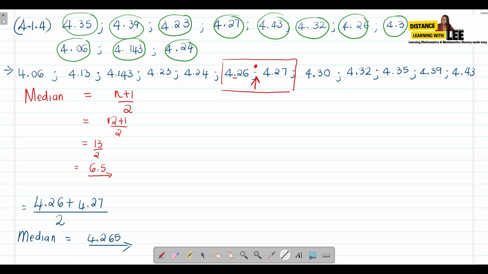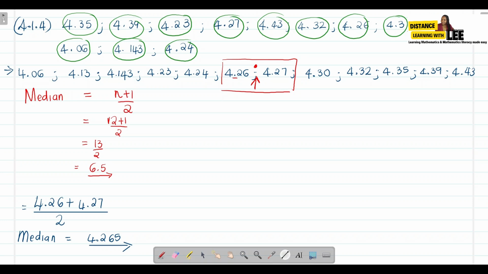Therefore, the median would have been your 4.27 if we got 7. However, because we got 6.5, that tells us that the median is in the 6.5th position, right? So we count 1, 2, 3, 4, 5, 6, and the half is in between there.